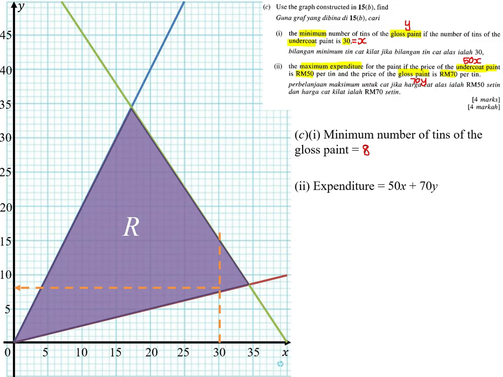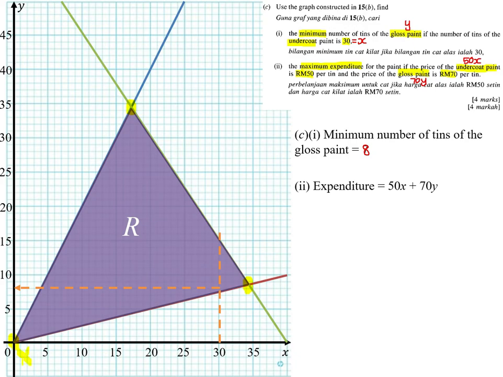What is the maximum expenditure here? Usually the maximum and minimum should be somewhere at the vertices, right? Either at this point, or this point, or this point. But logically, it cannot be 0, 0. If 0, 0 means you don't need to buy anything at all.